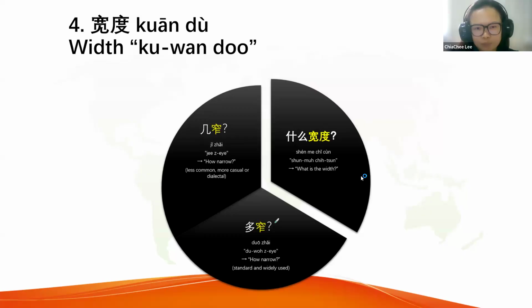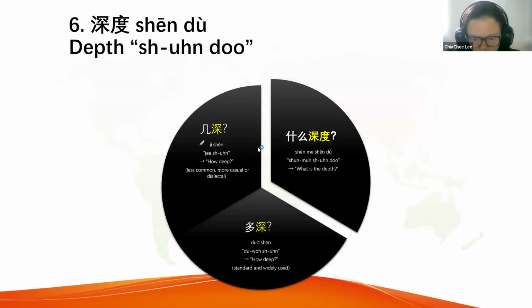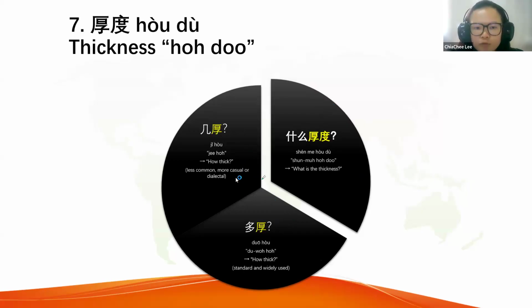This is 差距, and we also ask 几深, 你几深. And number 7 will be the thickness, like we want to check on what is the thickness of the retaining wall. 挡土墙几厚 or 多厚. Then we also can ask how thin, 多薄 or 几薄.